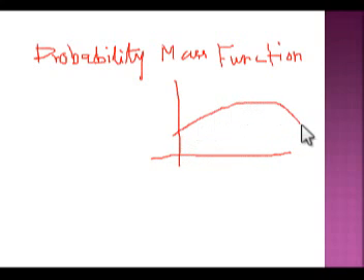Here, x is a variable which takes many different values, and this is the probability mass function, a function f(x).